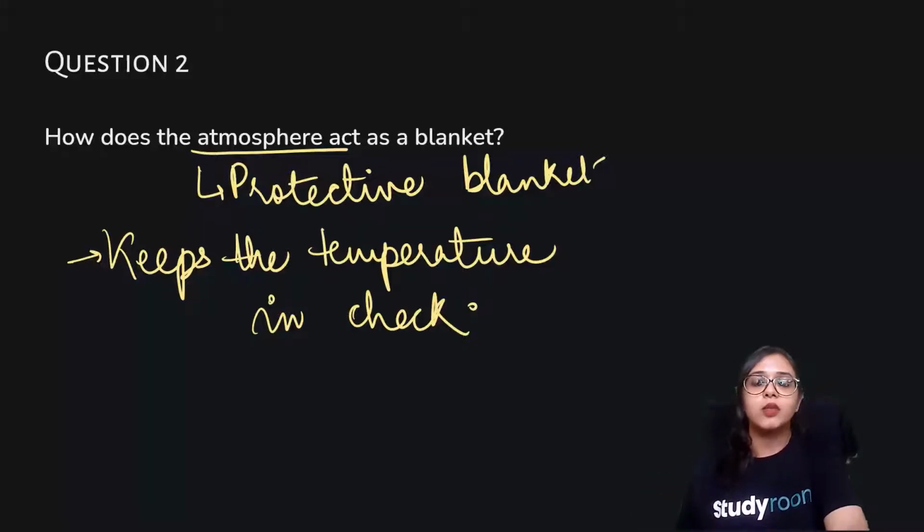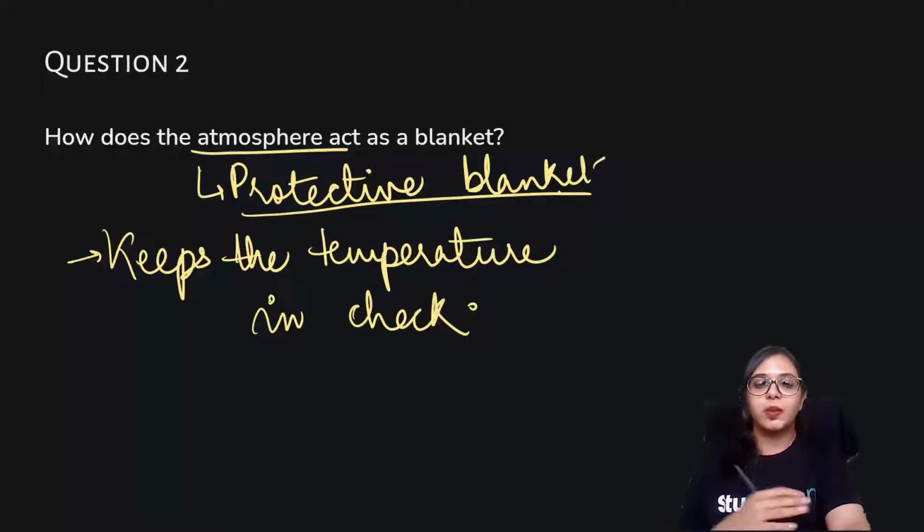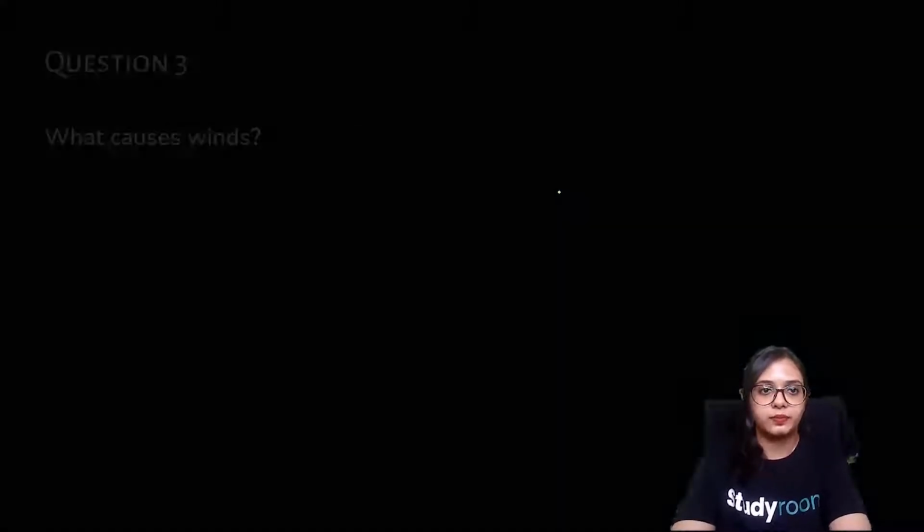It does not let the warm air present inside our atmosphere escape out into space. All right. So by keeping the temperature in check, the atmosphere is acting as a protective blanket, and it is keeping the temperature of our Earth during the daytime as well as the night time more or less constant in their respective time. Okay.